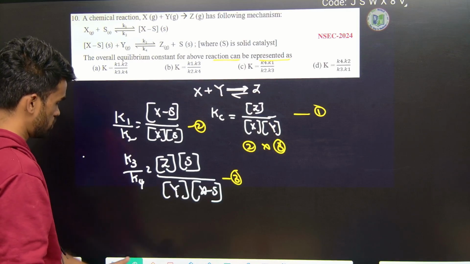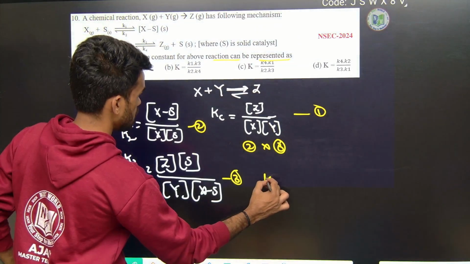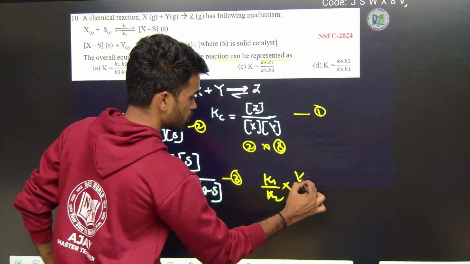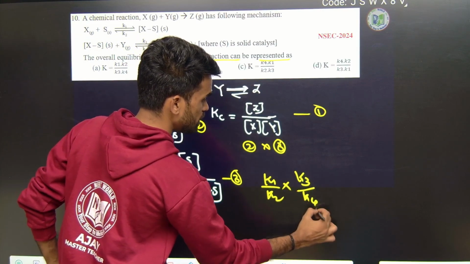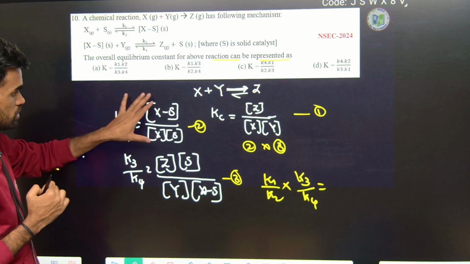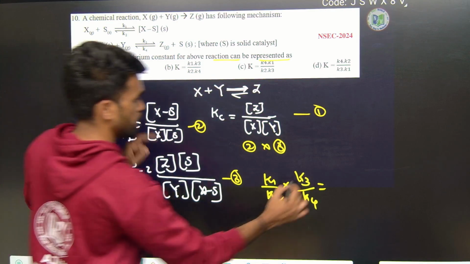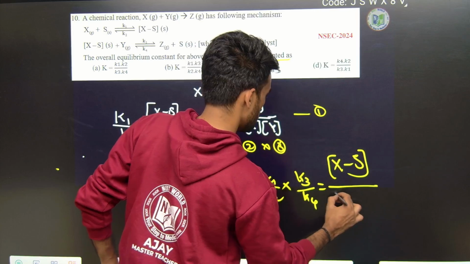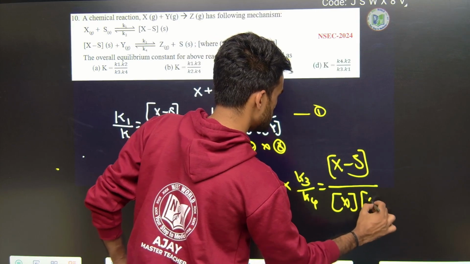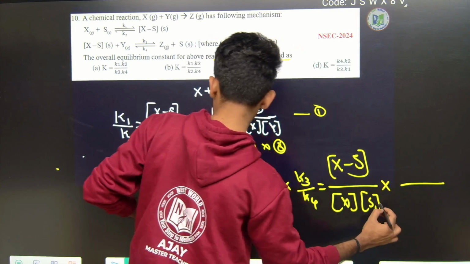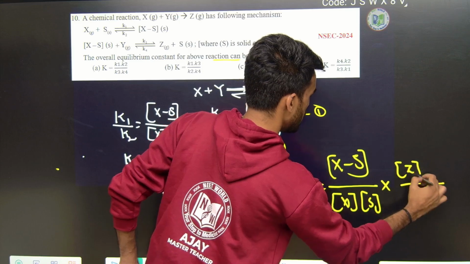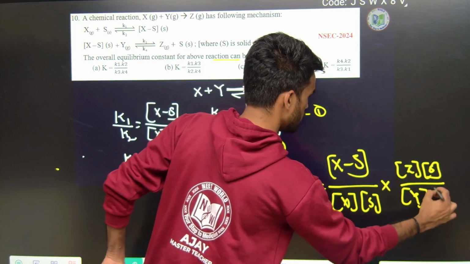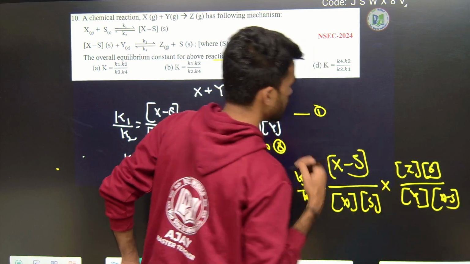I am taking K1 by K2 multiplied with K3 by K4, which equals this multiplied with this: concentration of XS by X into S multiplied with ZS by Y into X minus S. Okay, like this we have.